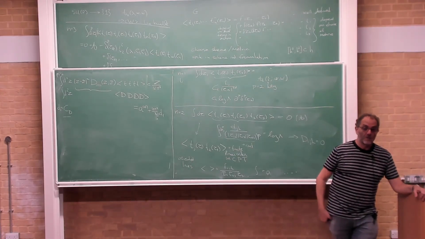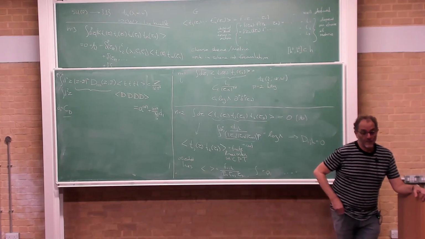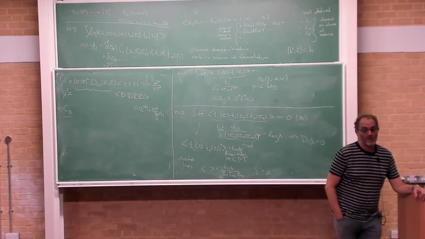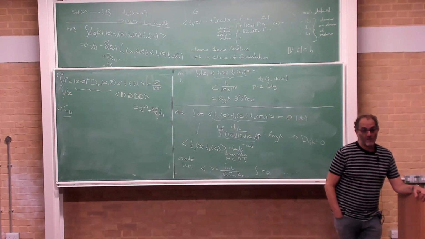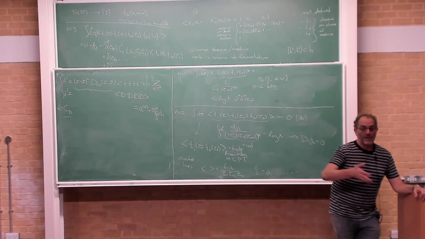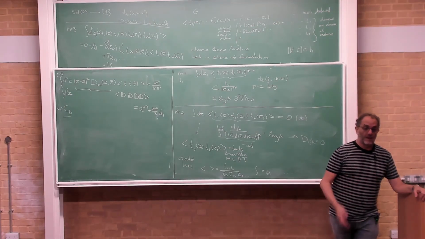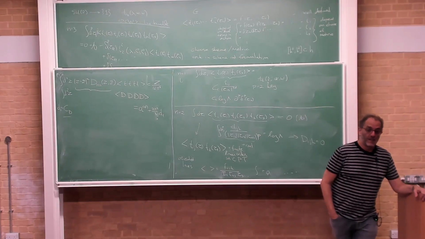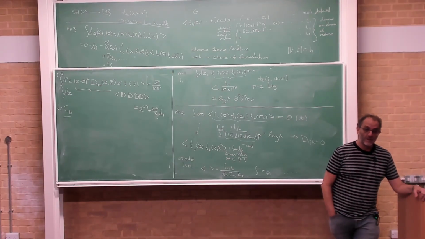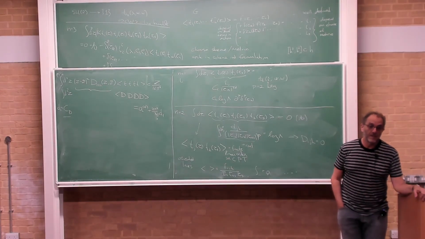In the line defect, the three-point function of the tilts is also related to an anomaly, but not a conformal anomaly. It's a global anomaly of this SU2 group, which quantizes the level of a WZW model, or quantizes the flux in string theory, if you didn't know that the flux was quantized.